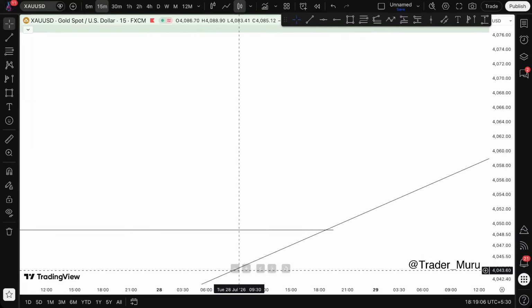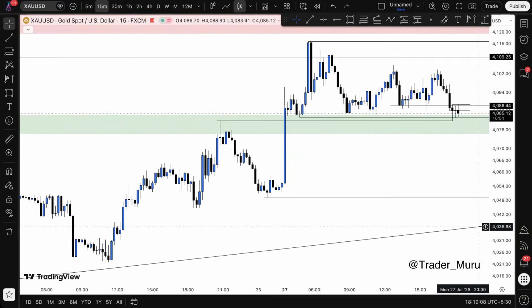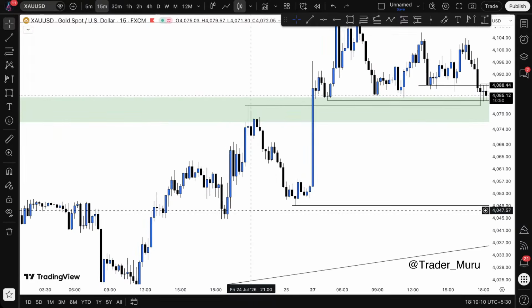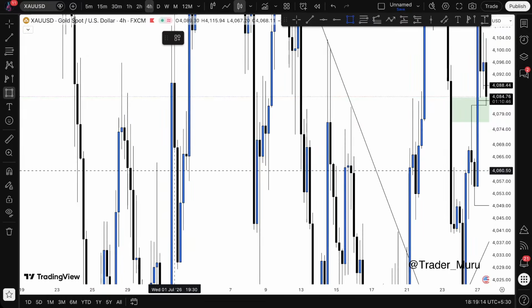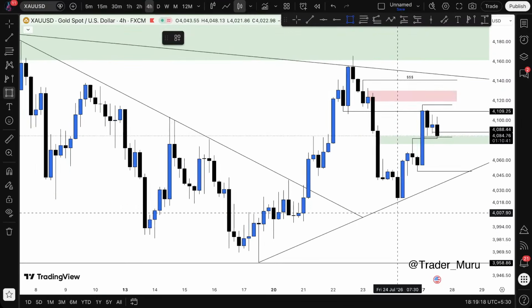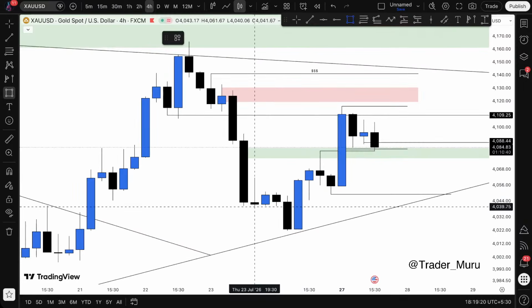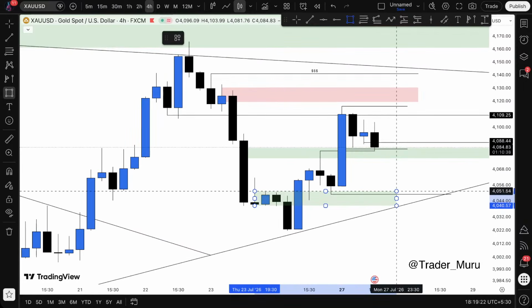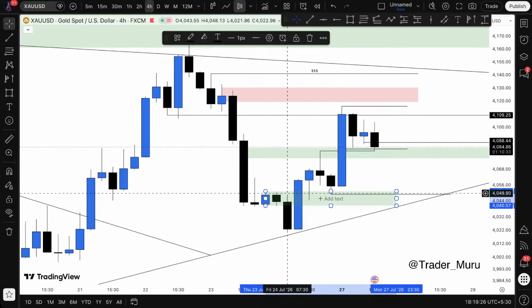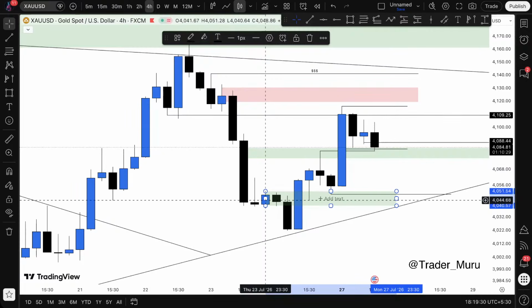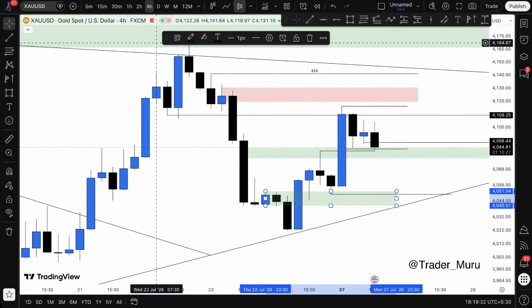So just like Friday, our bias was bullish according to the 4-hour time frame, because price was above the breaker. So our bias was bullish, and this was our key level from where we were watching for entry.